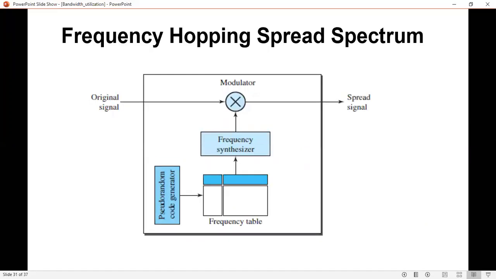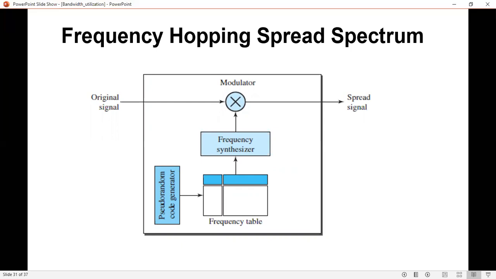Okay, now we will see what is frequency hopping spread spectrum. The figure shows the general layout for frequency hopping spread spectrum. Here a pseudo random code generator creates a k-bit pattern for every hopping period T_h.